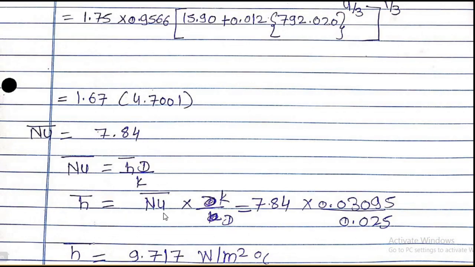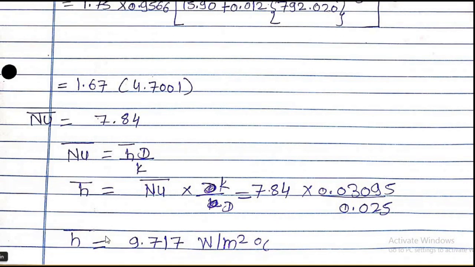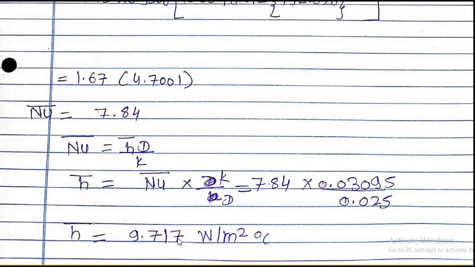It is equal to the average Nusselt number multiplied by thermal conductivity divided by diameter of the tube, equal to 7.84 multiplied by 0.03095 divided by 0.025. So we get the average heat transfer coefficient equal to 9.717 watt per meter square degree Celsius.